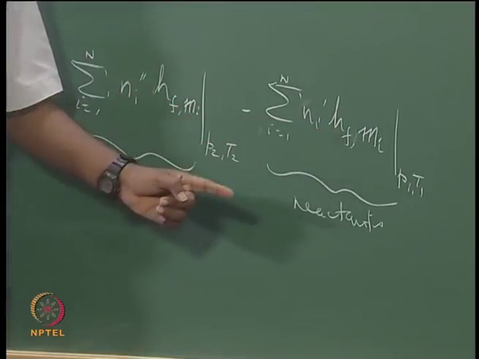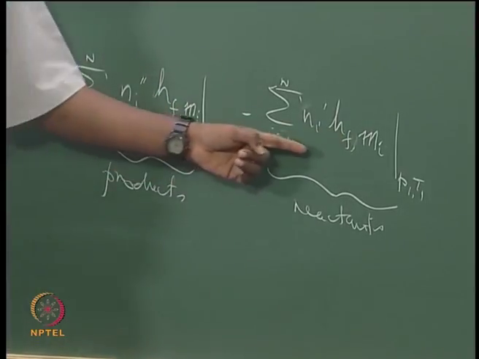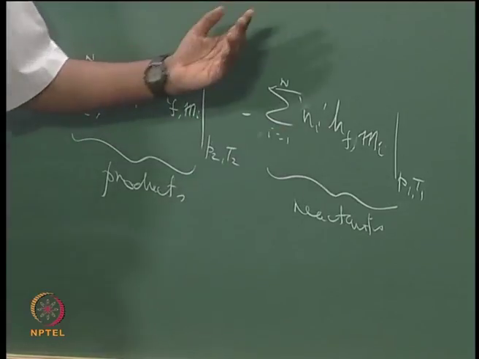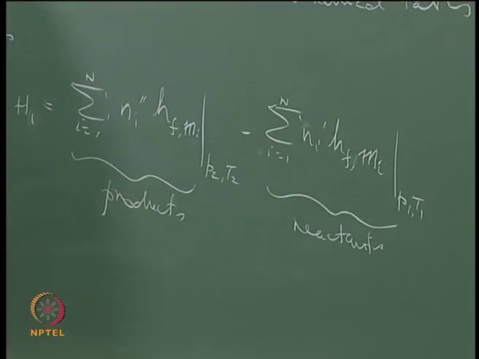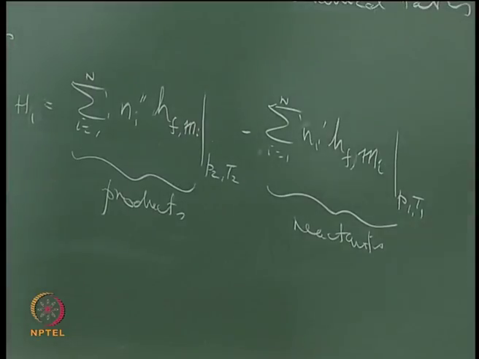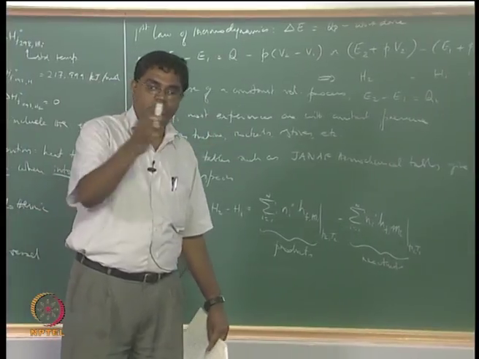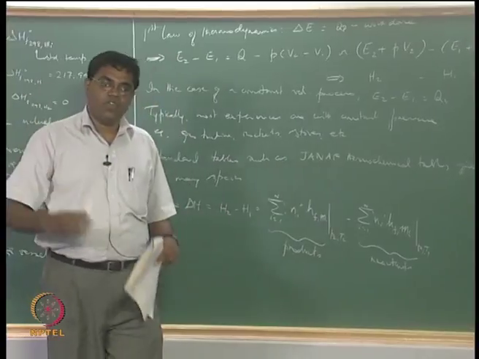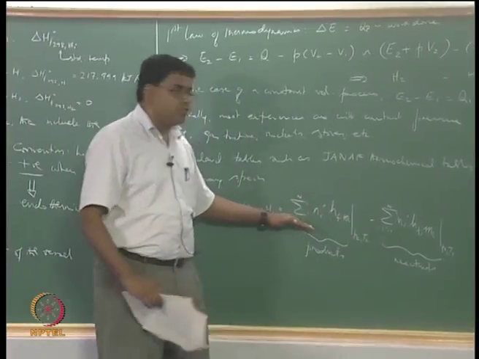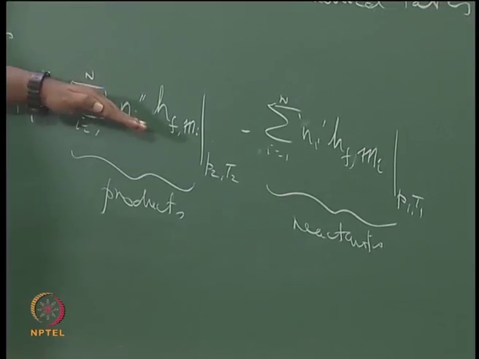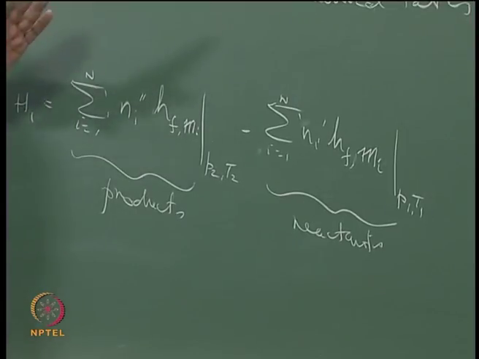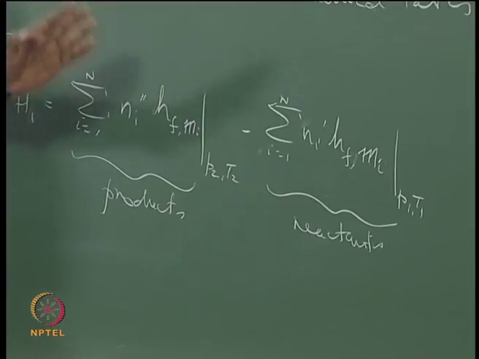Now we know that the standard heat of formation of oxygen is 0, and the formation reaction for methane, for example, would be carbon in solid form plus 2 hydrogen gives CH4. That is a reaction that we have to go through. The formation reactions for carbon dioxide and water are like C plus O2 gives CO2 and H2 plus half O2 gives H2O and so on.